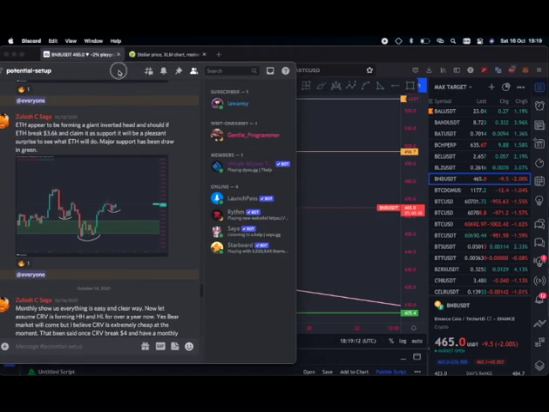Now look at what it said. It said ETH appears to be forming a giant inverted head and shoulder. If ETH breaks 3.6k and claims it as spot, it will be a pleasant surprise to see what ETH will do. Major support has been drawn in green.